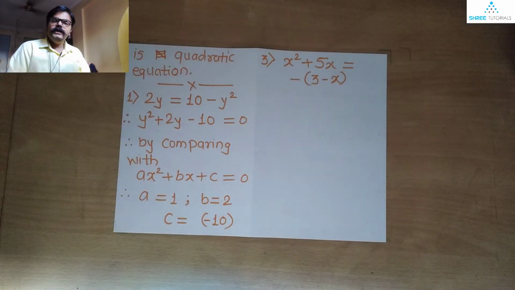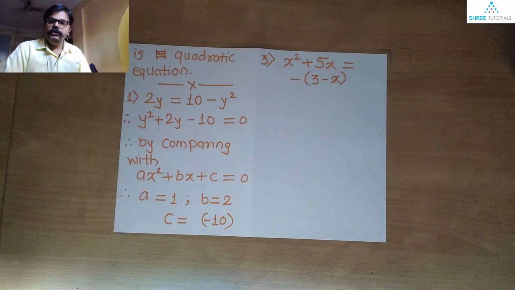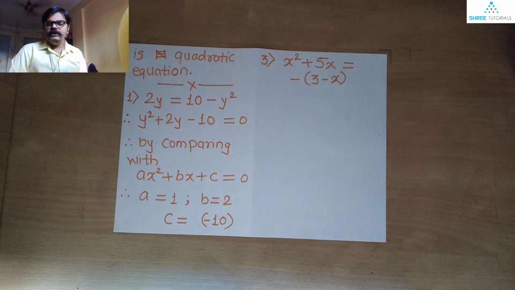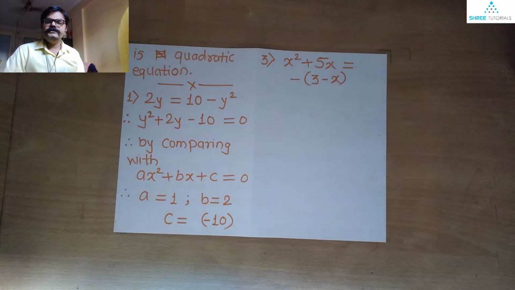Okay, so here as well we are trying to calculate values of a, b and c, and for that matter they have given us this equation. First of all, as usual, let us try to manipulate this equation so that it becomes comparable with our standard equation.